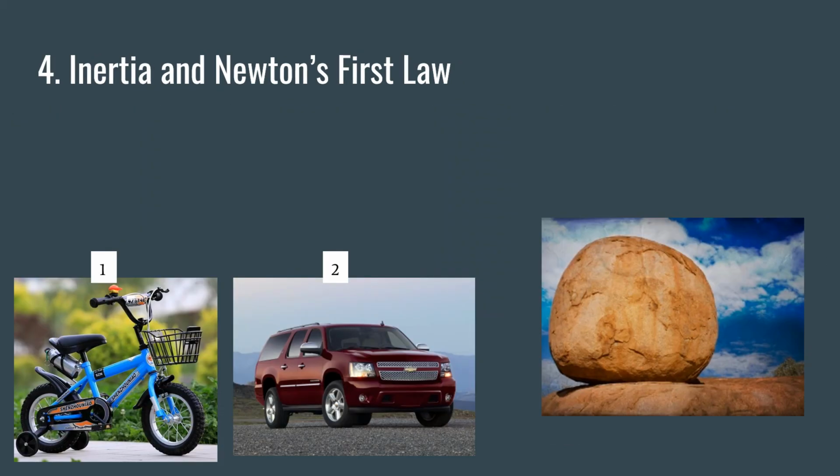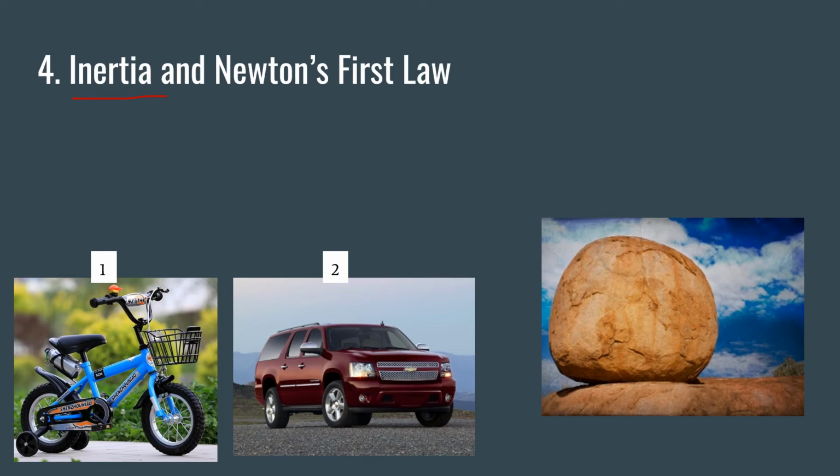So picture number 1 and picture number 2, which one has more mass? Of course you will say picture number 2, the car. So inertia is the opposition of any object to move.